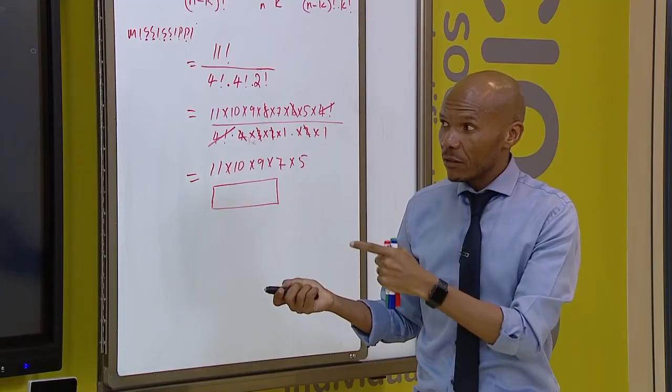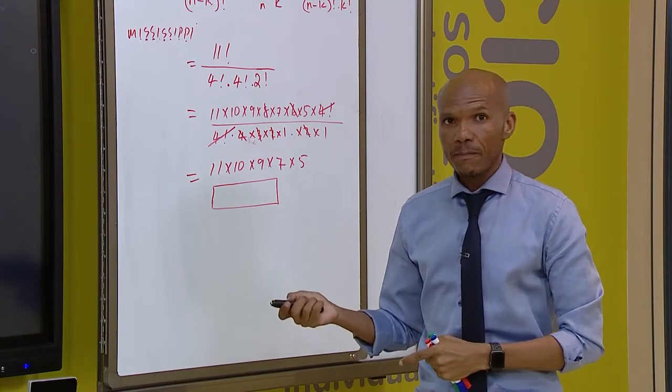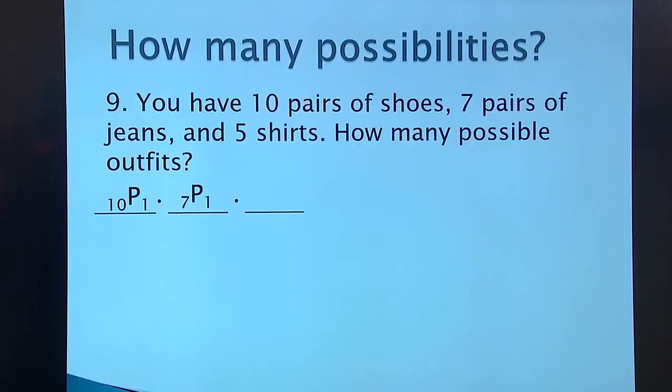So from 10, you choose 1. From 7 pairs of jeans, you choose 1. And from 5 pairs of shirts, you choose 1. And what will you have? You just multiply those possibilities, and you are going to have 350 outfits. So you see, there is no need for you to take loads and lots of clothes. You can just take this and go to your holiday, and from that you will have 350 outfits.